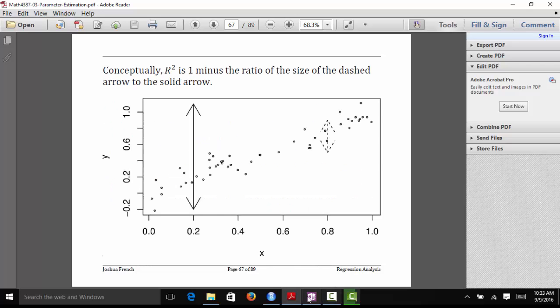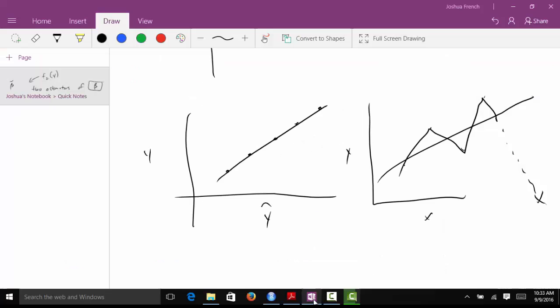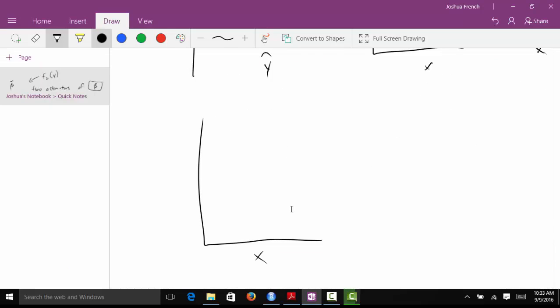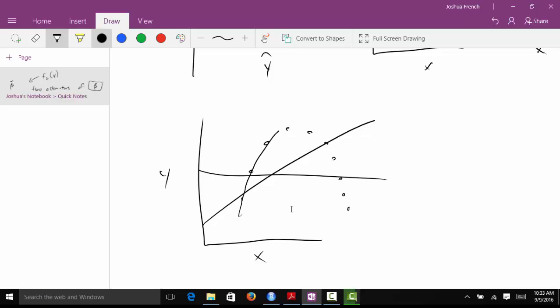So for example, if this was my x variable, this was my y variable, and let's say that this was our data. Okay, if we fit a straight line to that, maybe we get something like that or like this. Our R squared value would be extremely small, when in fact, there's a very strong relationship between the response and our predictor variable x. We just haven't added the proper regressors to the model.